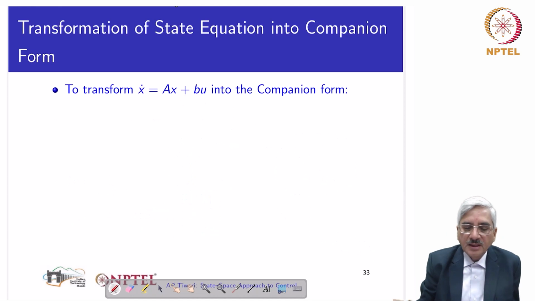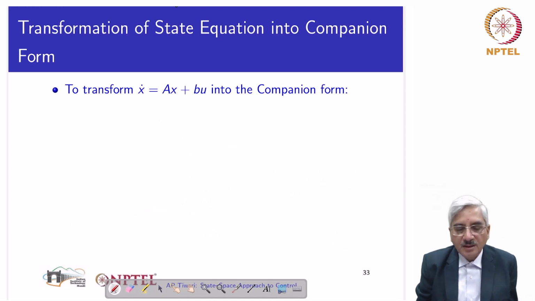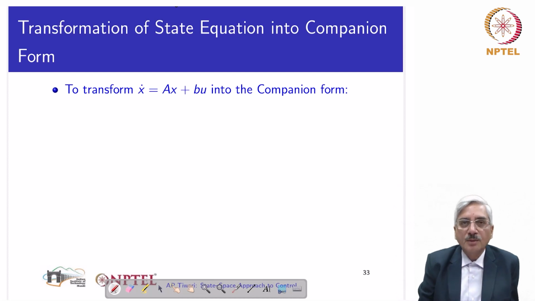We move to the next one, and now we have to consider how to transform a given state equation into companion form. We have two situations. We start with a single input, and of course once we have understood the case of single input, it becomes easy to understand the procedure for transformation of a multi-input system to companion form.